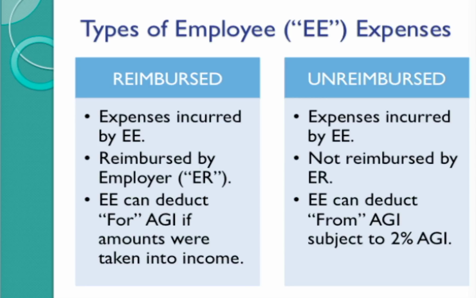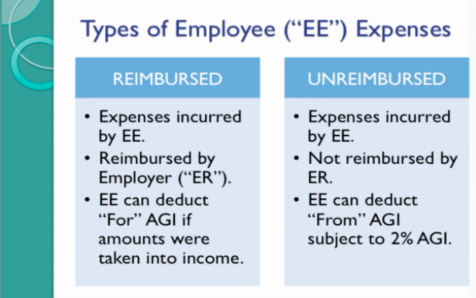This reimbursed type is treated as if you didn't incur the expense and you didn't receive the reimbursement. As you see from the bullet point, the employee can deduct for AGI if amounts were taken into income. So if you included the reimbursement as part of your income, you can take a deduction for that amount to cancel out the effect of that reimbursement.